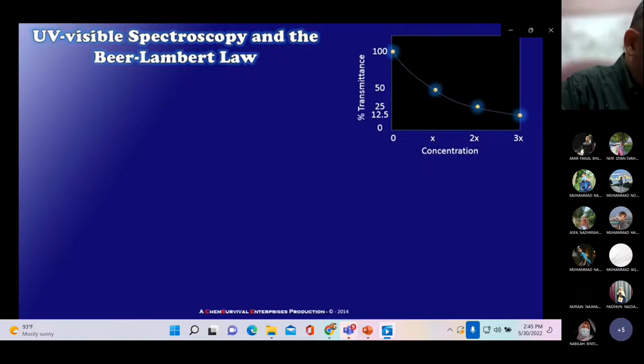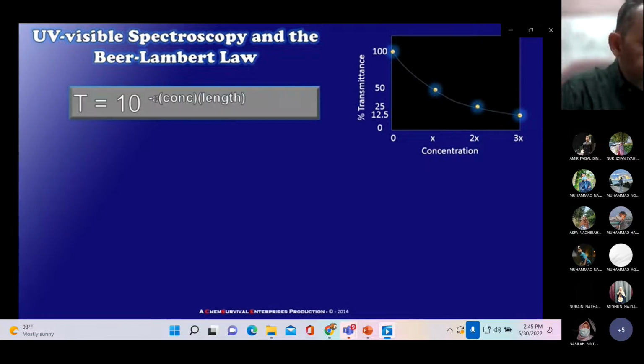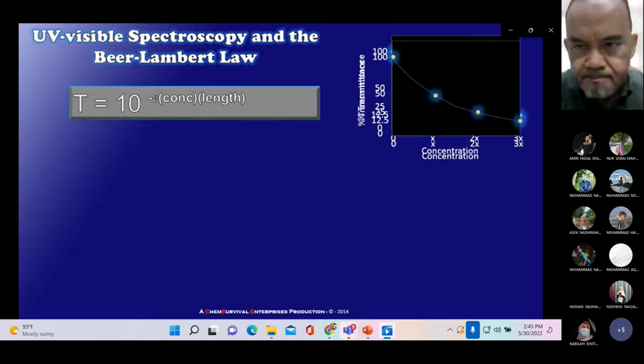This is where the Beer-Lambert law comes in. You'll notice that right now I have an exponential relationship between my percent transmittance and my concentration. We can see that in the equation here, where the concentration is a term up here in the exponent. But what August Beer did was to convert that percent transmittance into a new unit called absorbance.